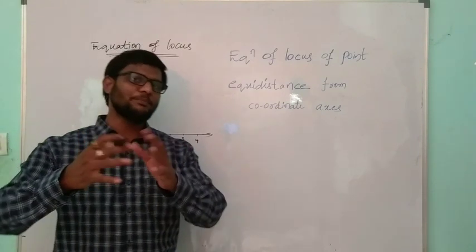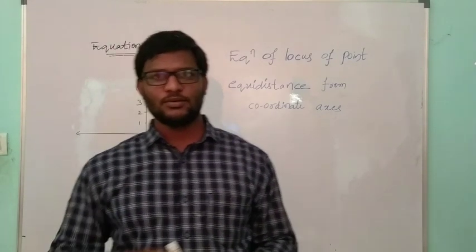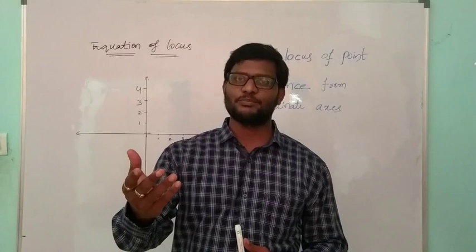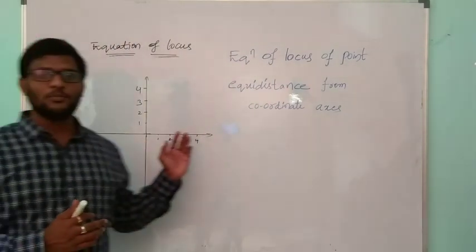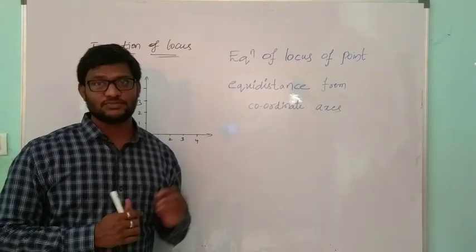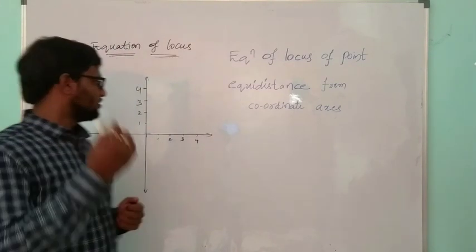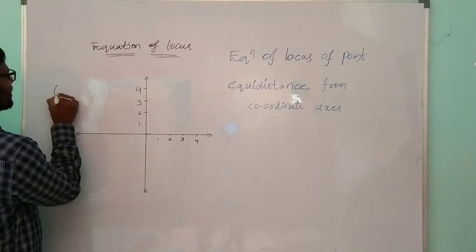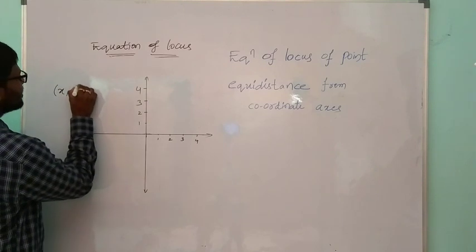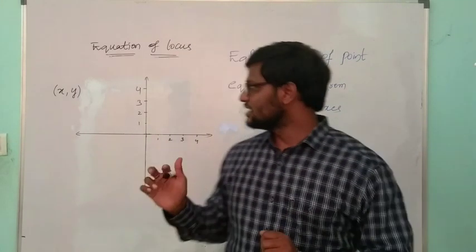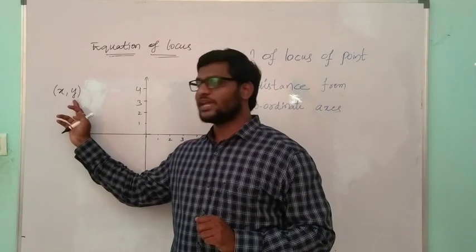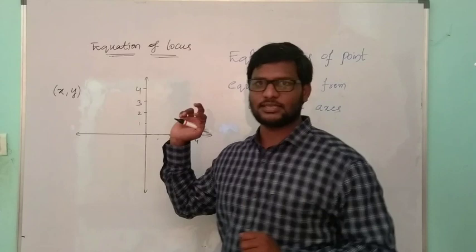Now tell me, how many points are equidistant from the coordinate axes? Only one, or infinite points, or only 2 points on this side or this side? You know, in coordinate geometry, (x, y) is a point which is x units distance from the y axis and y units distance from the x axis.